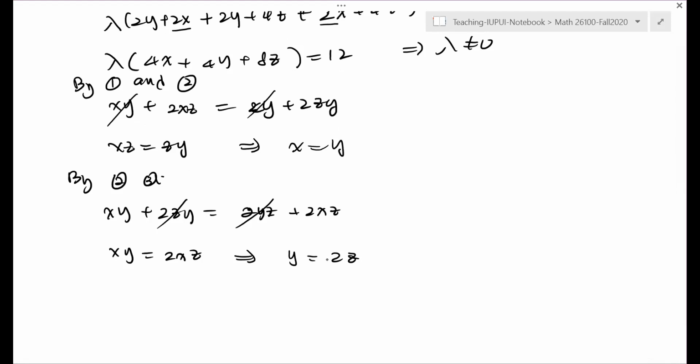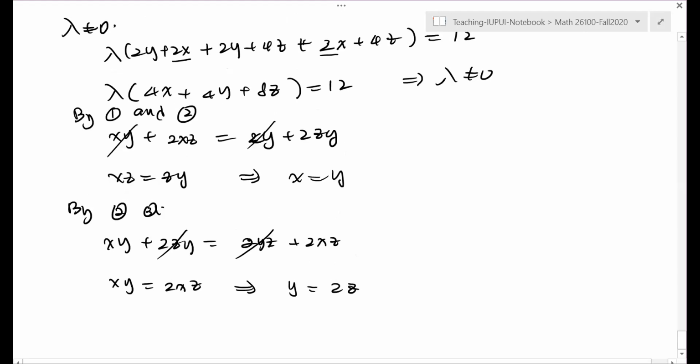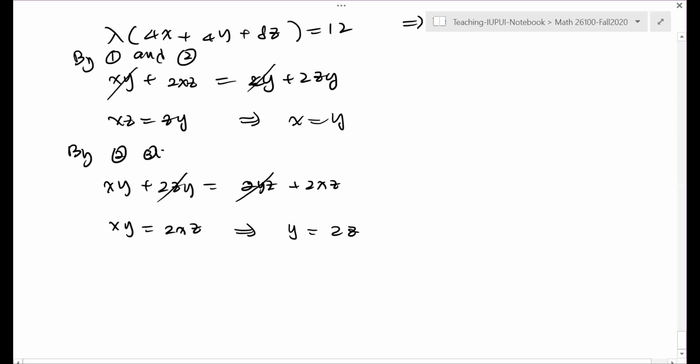Then from here, you have the values of x, y, z, and you can determine x and y because of the restriction.